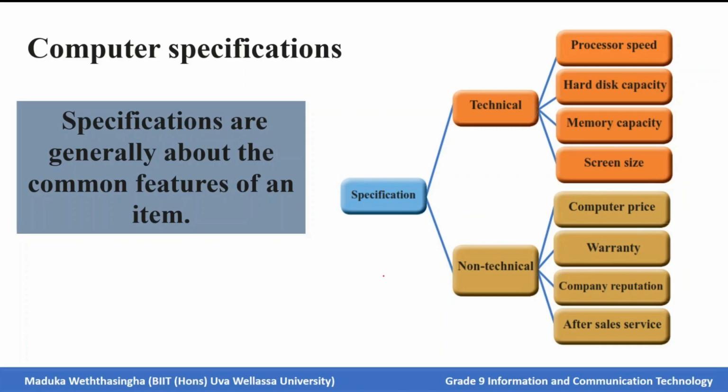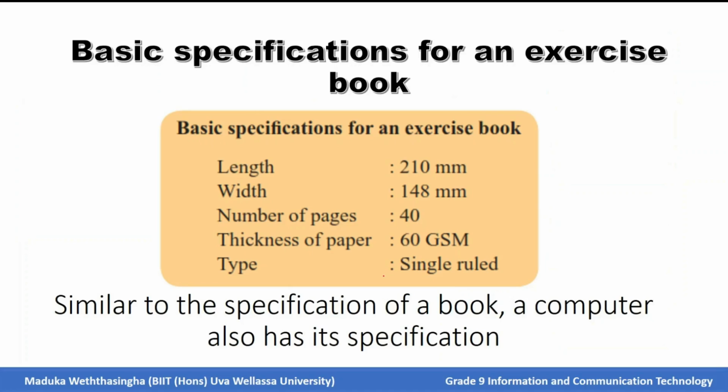When we consider non-technical specifications, they are computer price, warranty, company reputation, and after sales services. Now we are going to discuss technical and non-technical specifications separately. Let's start with technical specifications.